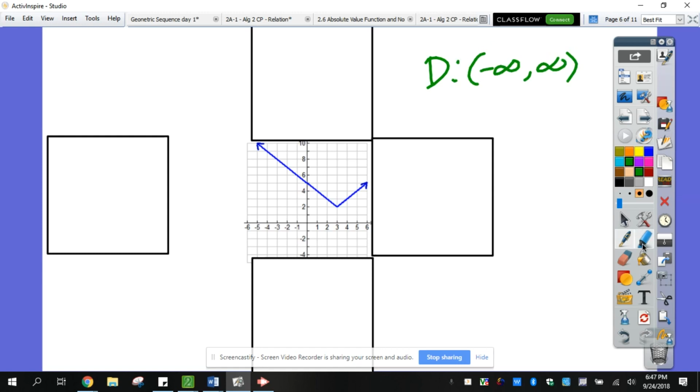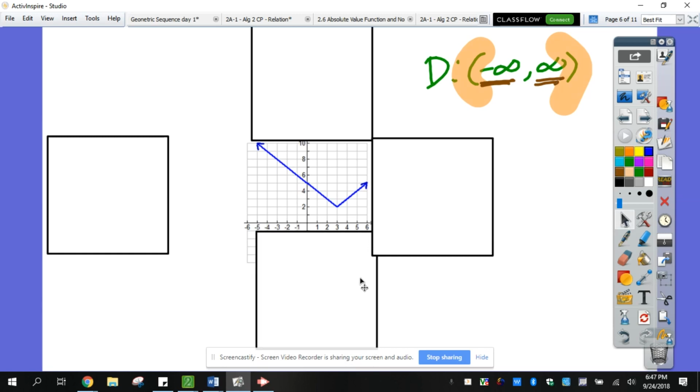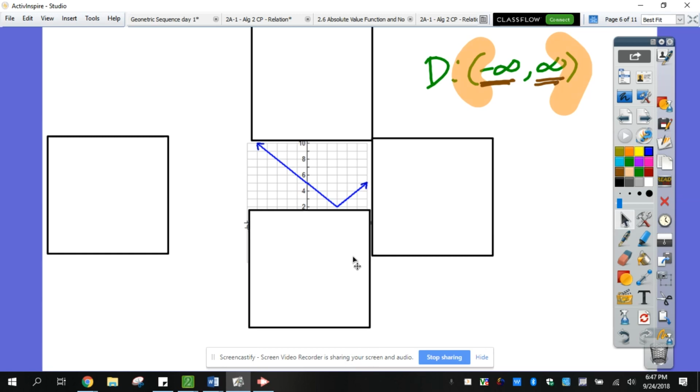Say again, for infinity, we always use parentheses. The left side is negative infinity. The right side is positive infinity. From the left is the smaller number, going to the right side. Now, how do you find the range? The range here starts at the bottom portion, which is 2. And that's closed because there's no open hole there. Both of the graphs are going up further, continuously.